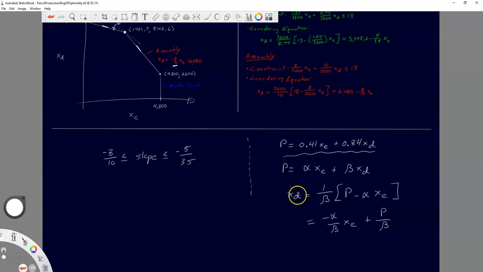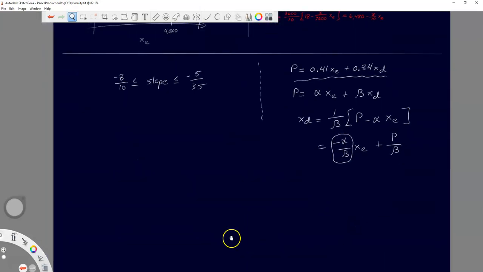And again, this is now y equals mx plus b, where the slope is this guy right here. So using this information of this as the slope, we can now go ahead and plug that into our inequality we've got over here.